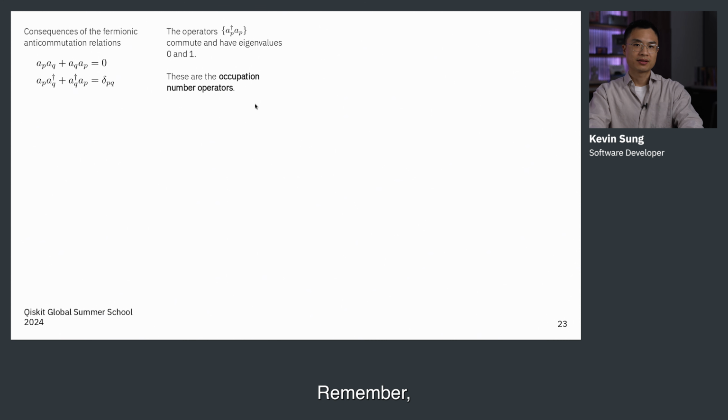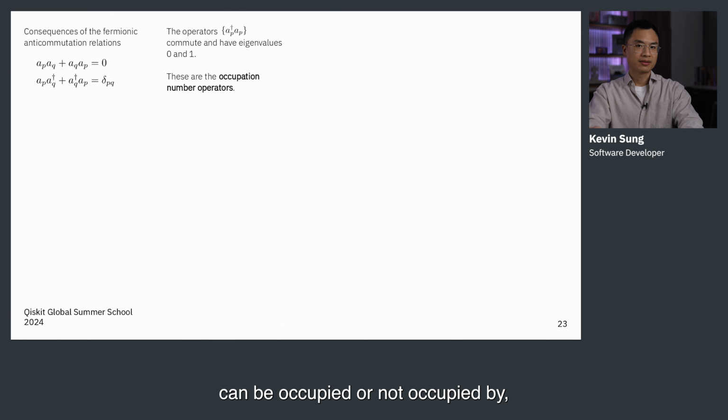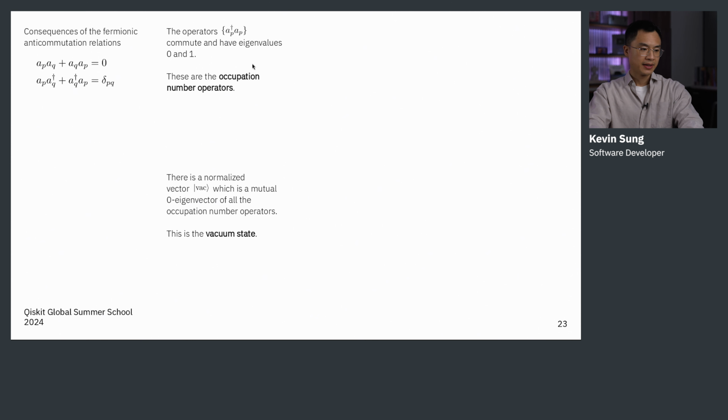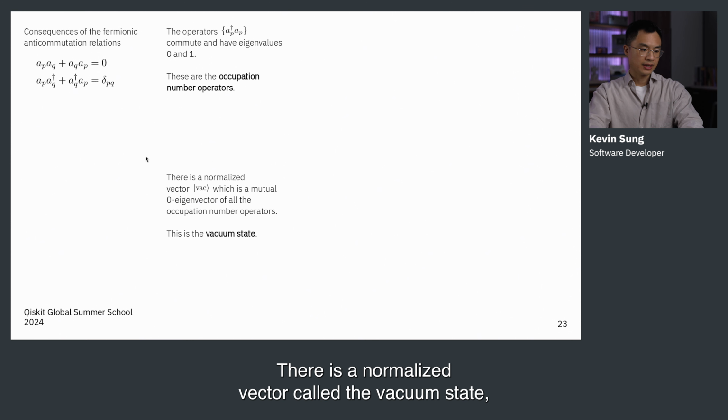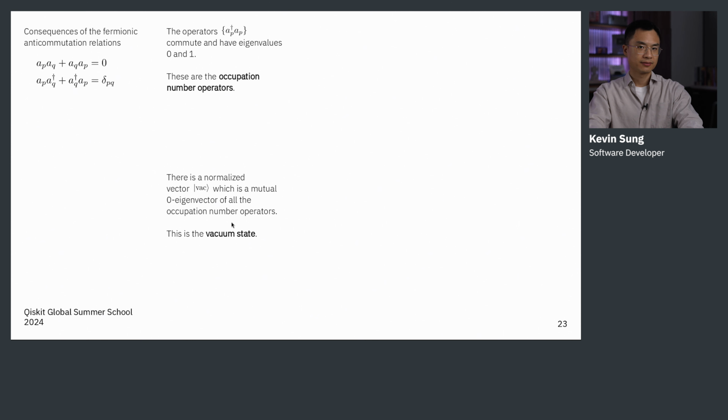Remember, the way that we're thinking about this is that each fermionic mode can be occupied or not occupied by an electron, and these occupation number operators tell you the occupation of the mode. There is a normalized vector called the vacuum state, which is a mutual zero eigenvector of all the occupation number operators. So this is the state that has no electrons in it.